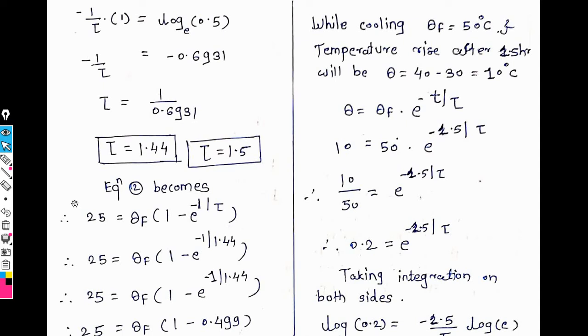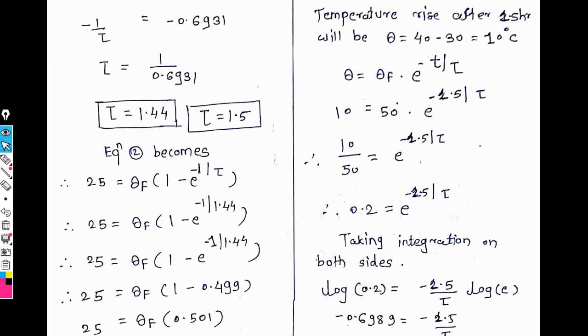Then we have to consider the first formula with respect to time is 1 hour, that is 25 is equal to theta f into bracket 1 minus e raised to minus t, that is time varies from 1 hour to 2 hours, that is 1 minus e raised to minus 1 upon 2, then 2 is equal to, put the obtained value, 1.44. Then minus 1 upon 1.44, then e raised to minus 1 upon 1.44 is the obtained value 0.49, that is 25 is equal to theta f into bracket 1 minus 0.49.